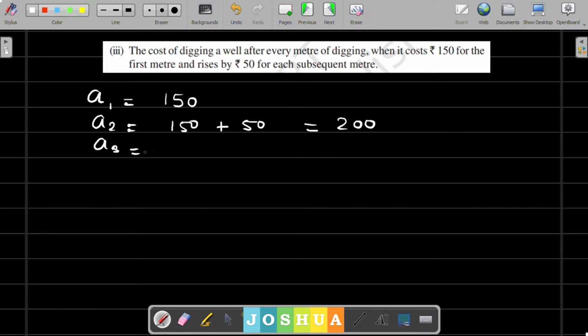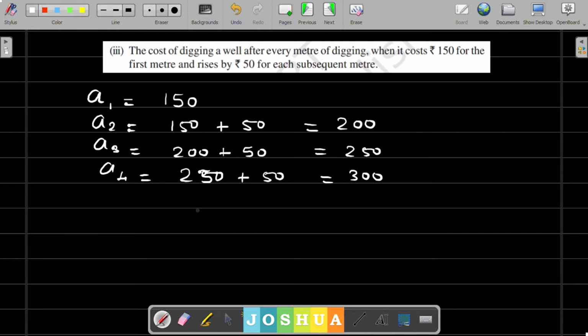Now come to the third meter. Along with the rupees 200 I paid for the second meter, I have to pay an additional 50 rupees. So now it's 250 rupees, and so on. The same way for the fourth meter, the amount you paid for the third meter is 250, and the amount you are paying for the additional meter is 50, it becomes 300.